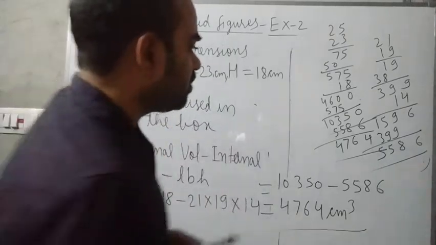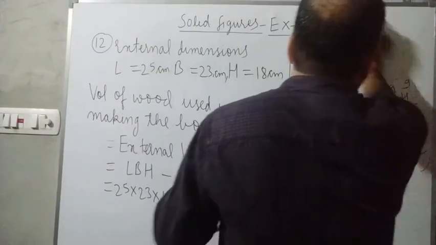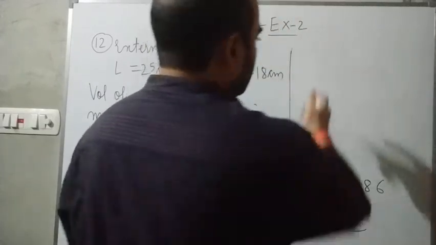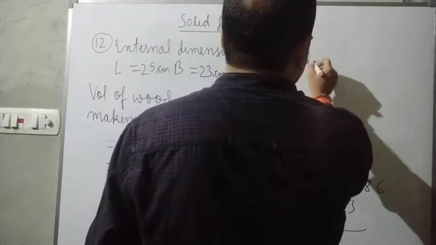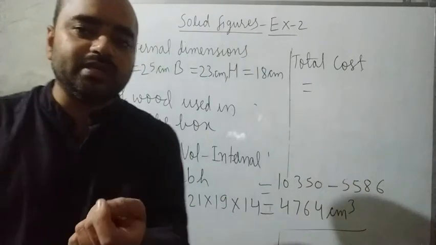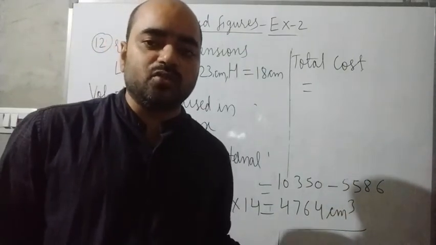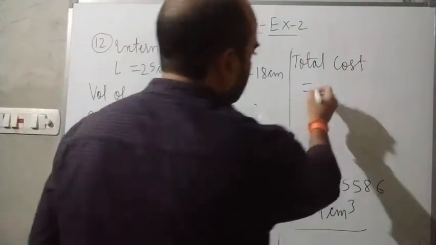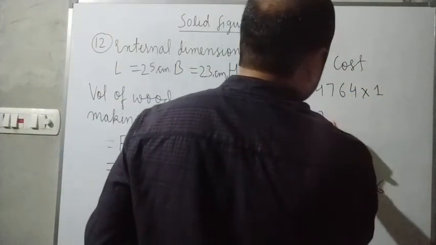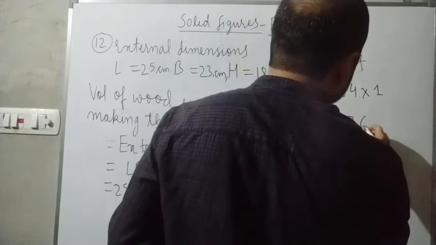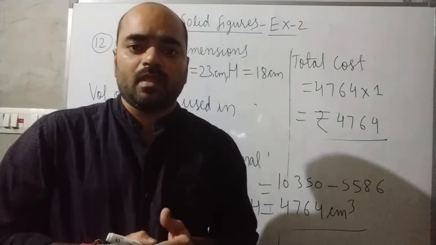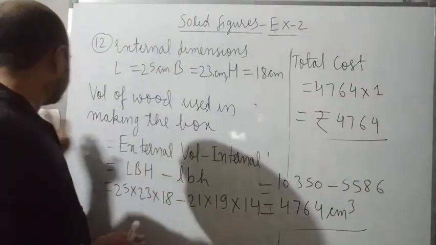Therefore the total cost, very simple: 4,764 into 1, that is rupees 4,764 is the answer. Understood? Clear?